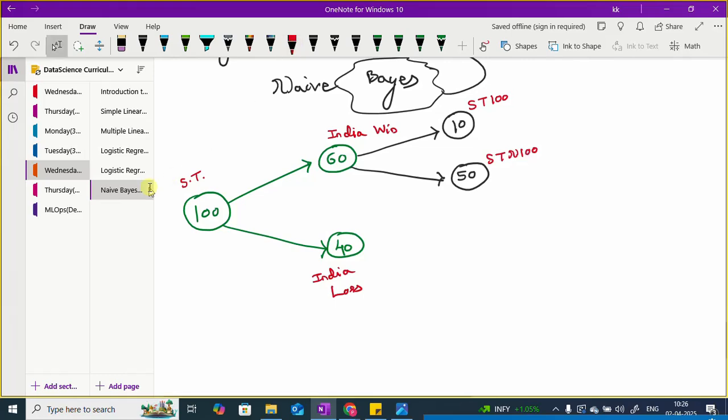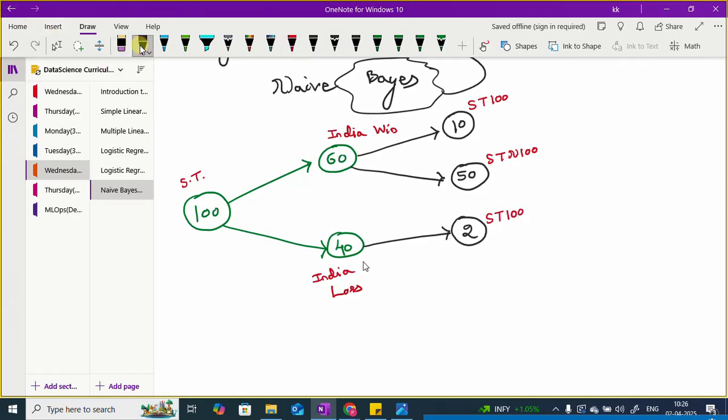Now similarly, coming to the second part, where India lose the matches. In that, in 2 matches, Sachin Tendulkar makes the century.